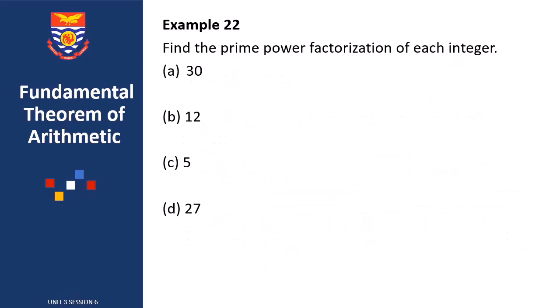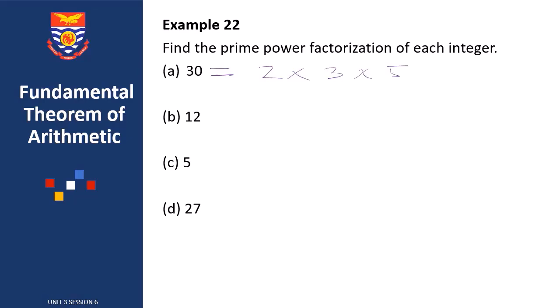Example 22: find the prime power factorization of each integer. This one is just basic, you can do it. It is a basic one you have already taught your students. So for 30, we want the prime power factorization. The first prime number, 2, goes into 30 to give 15, then the next prime number that goes into 15 is 3, and 3 goes into 15 to give 5.